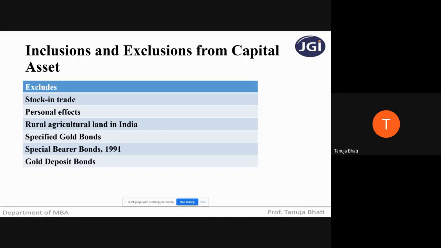Tell me whether it will be included in the definition of capital asset or excluded, whether it is a personal effect. Suppose I am selling my clothes, my apparel, my attire. Will it be liable to capital gains tax?